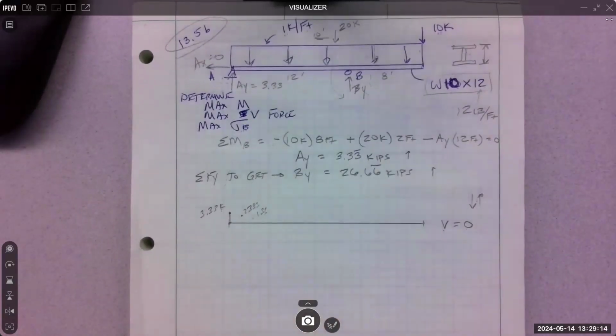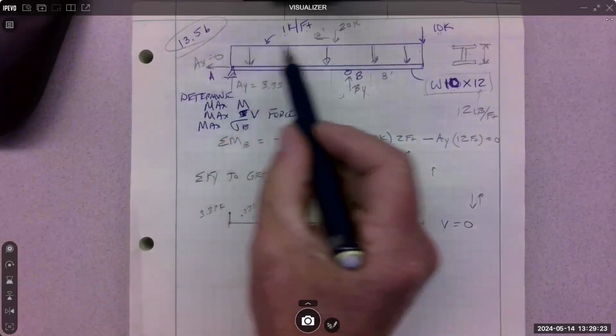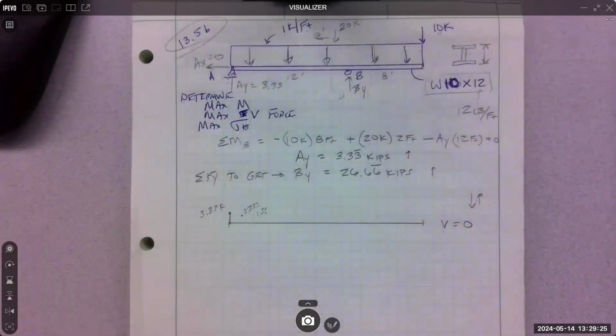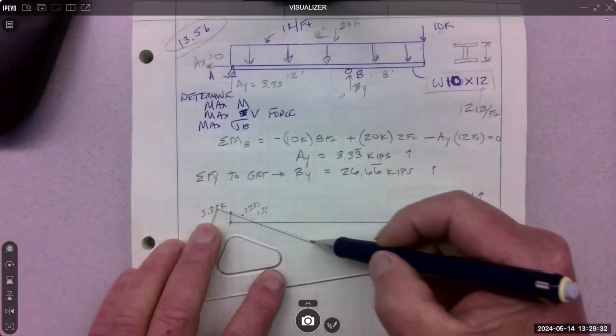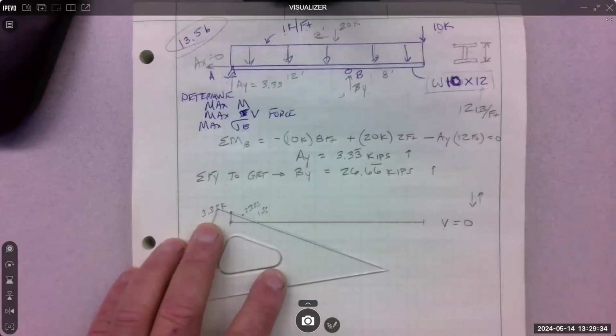It's coming down the same amount every foot. Agreed? It's a uniform distribution. It's a horizontal straight line. That's going to make some kind of a straight line.